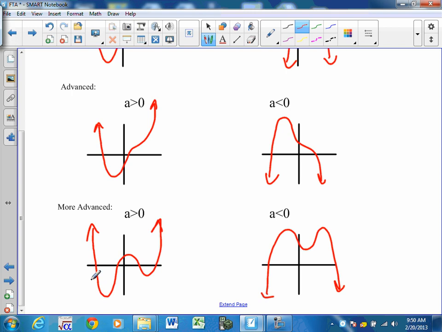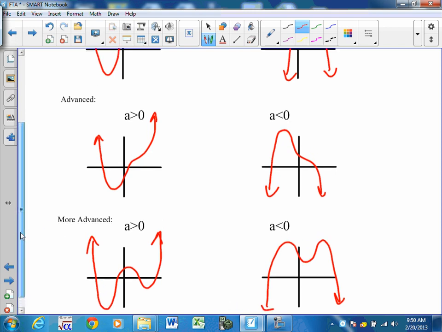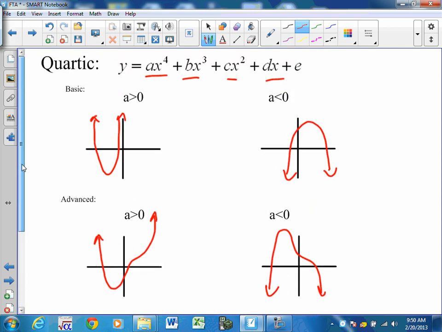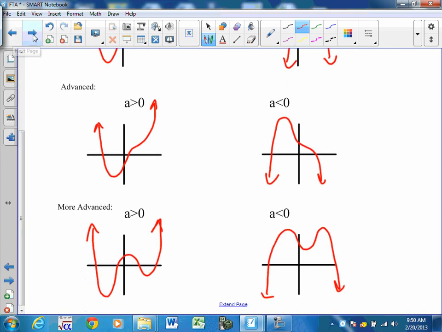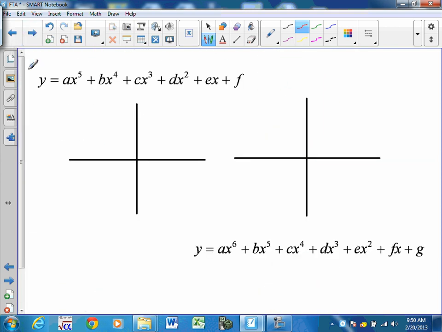As we go to higher degrees, let's say a fifth degree, we get more peaks and valleys. A fifth degree could look just like a cubic, or even a more advanced cubic. It may just look like that. However, with the right A, B, C's, D's, E's, F's, you could get even more peaks and valleys. A sixth degree is the same way.